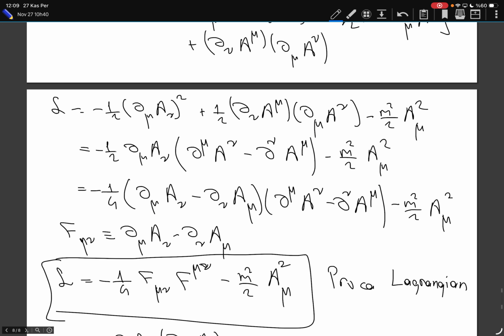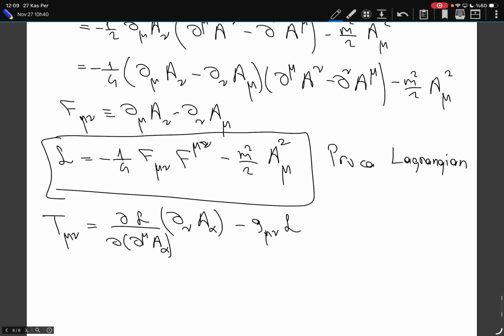Basically what I did was, this is antisymmetric under the exchange of mu and nu. So here there's something that is neither symmetric nor antisymmetric under the exchange, but I can always write it as a symmetric part plus the antisymmetric part. But if you multiply a symmetric tensor with an antisymmetric tensor, that is trivially 0. So the only part that remains is the antisymmetric part, and it is this one over here, with an extra 1 over 2. And so my Lagrangian is inevitably written as F mu nu squared minus m squared A squared.